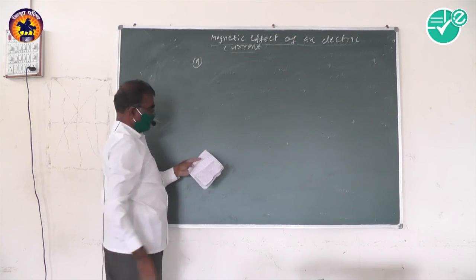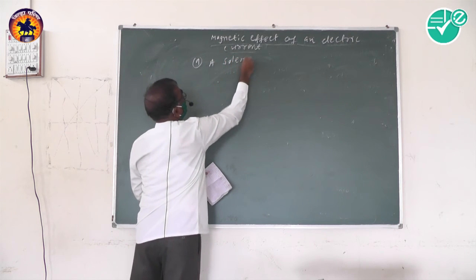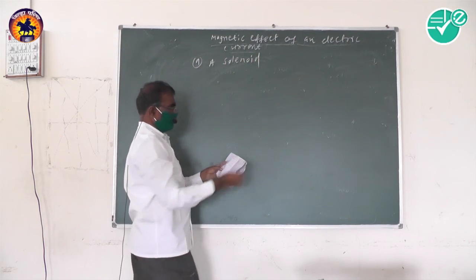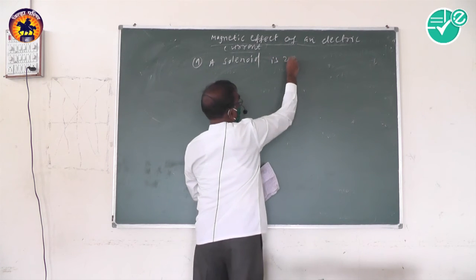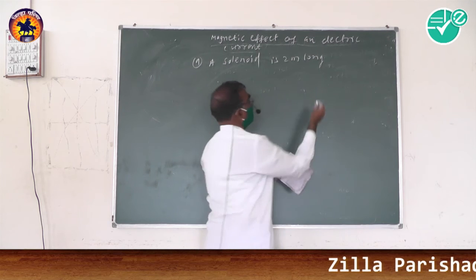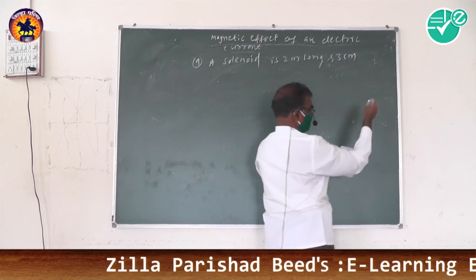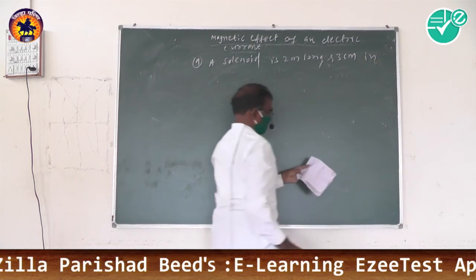So problem number 9. A solenoid is 2 meters long and 3 centimeter in diameter.